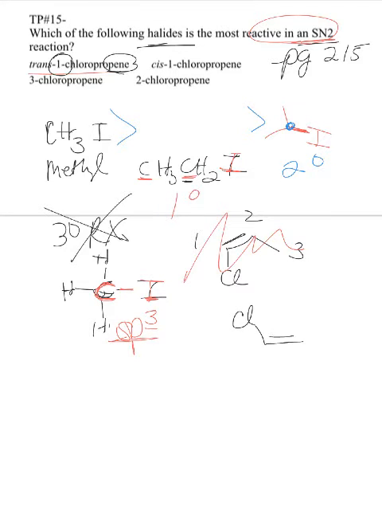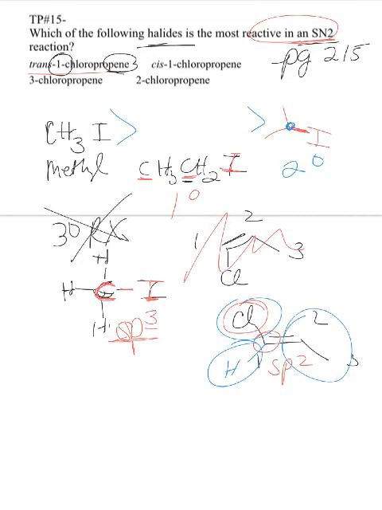Chloro, trans. Okay, so that would be your compound there. That's not going to go SN2. Do you know why? That carbon is connected to that chlorine, and that's an sp2. So what you don't see here is a hydrogen. So it's got 1, 2, 3 things connected to it, so that's sp2. So they do not undergo SN2.